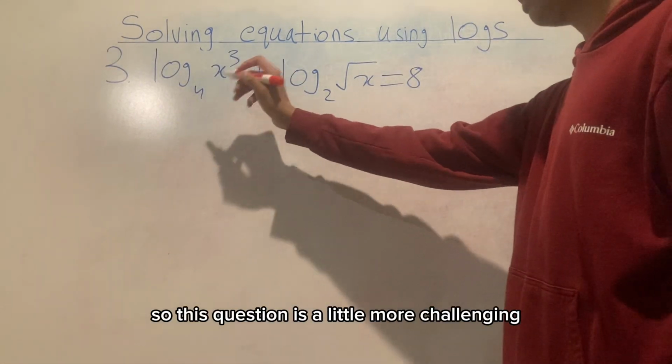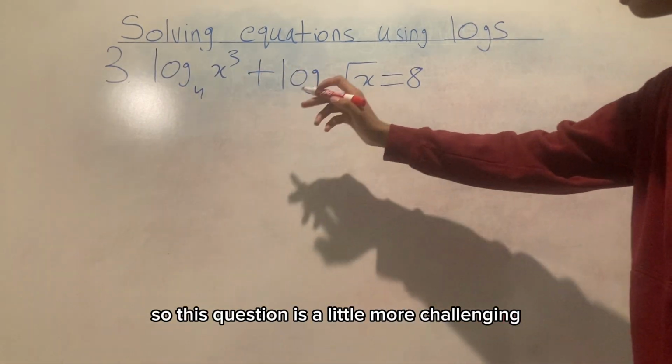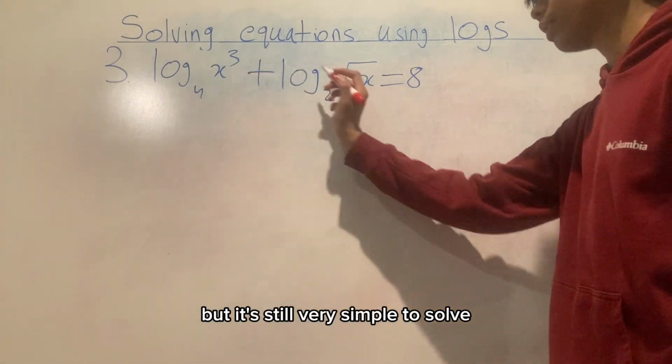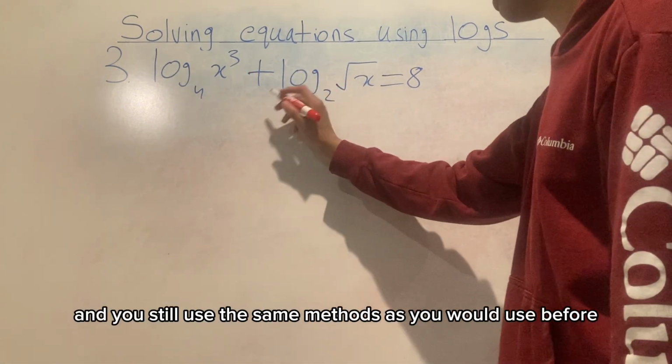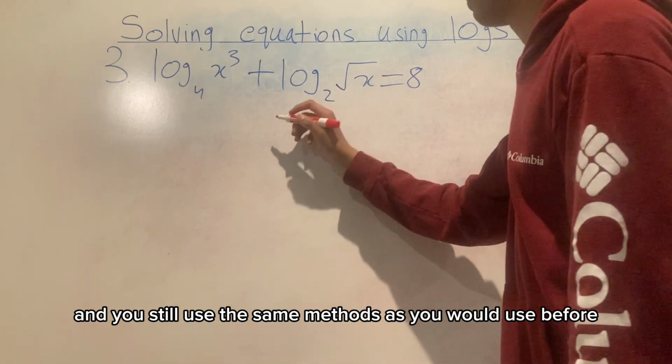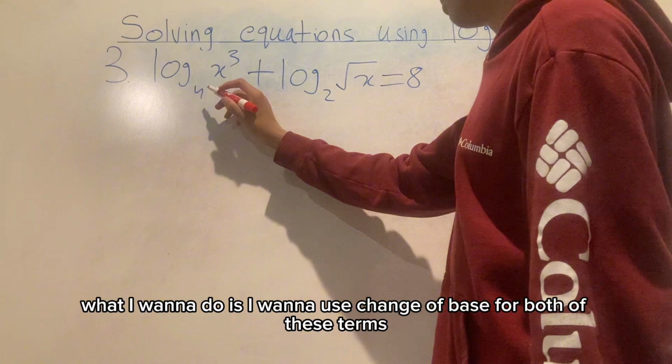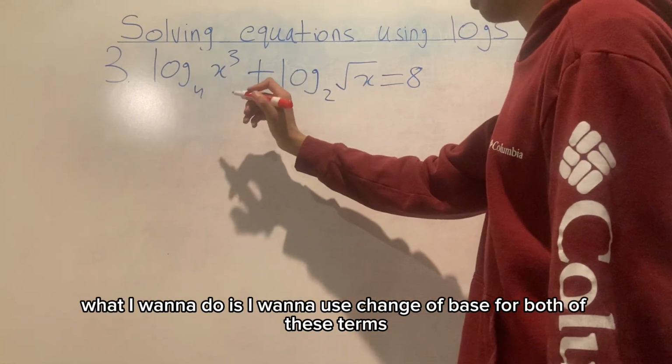Okay, now this question is a little more challenging and takes obviously a lot more steps than the last one. But it's still very simple to solve, and you still use the same methods as before. First, I want to use change of base for both of these terms.